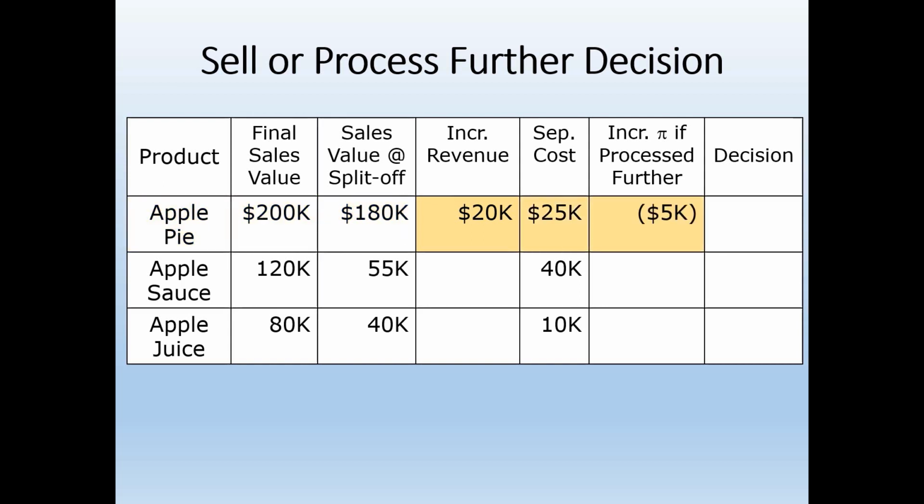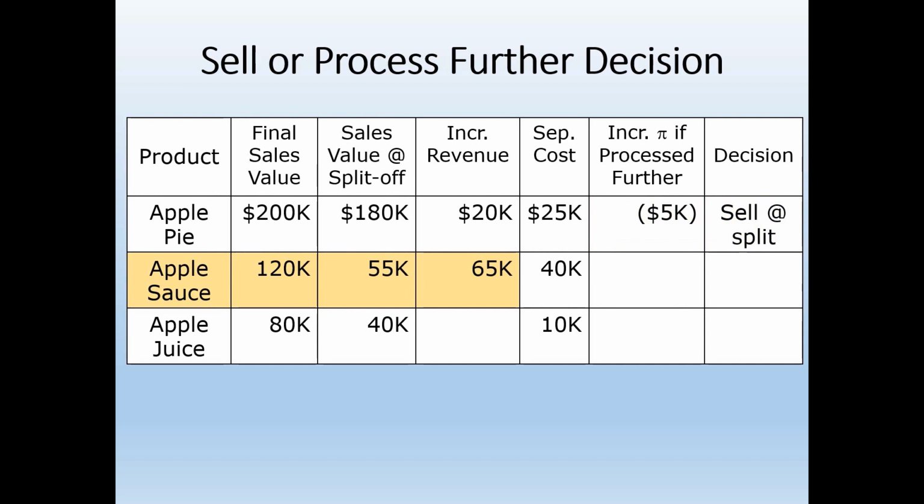But when we compare the incremental revenue to the separable costs of making the pies, we find that actually the profit decreases by $5,000. So the firm might decide to sell those apples at the split-off point.